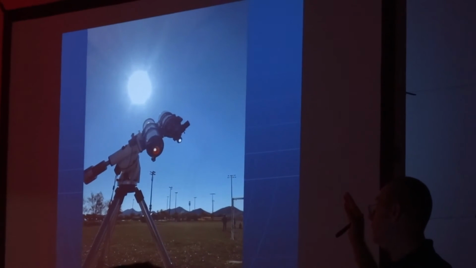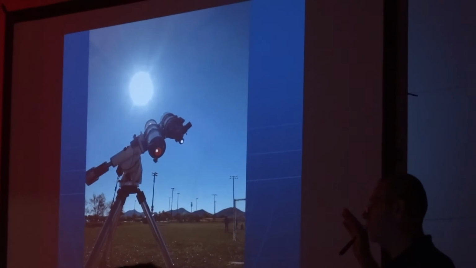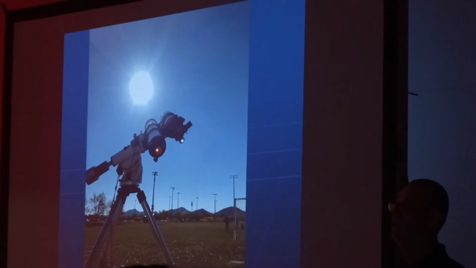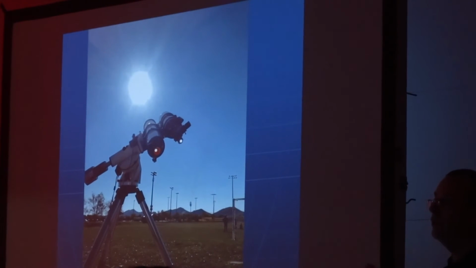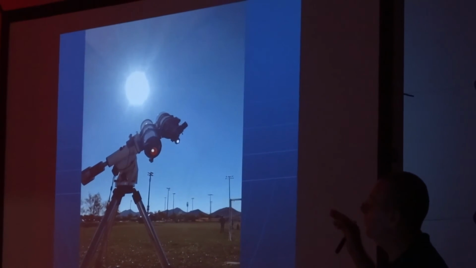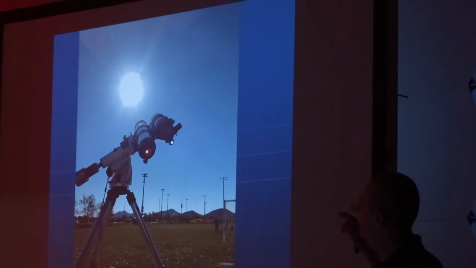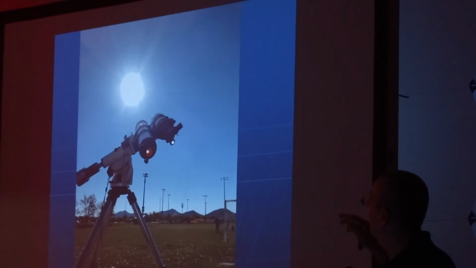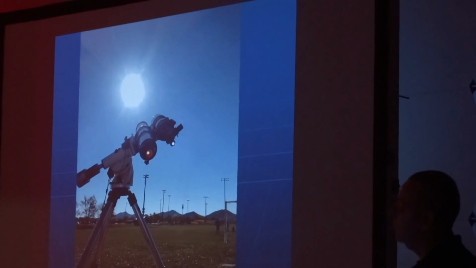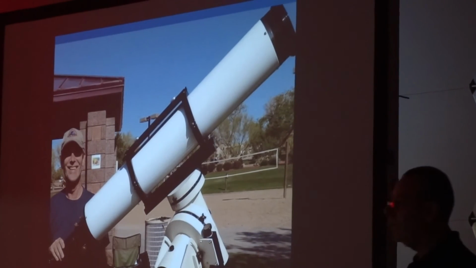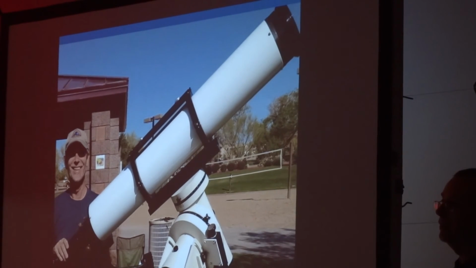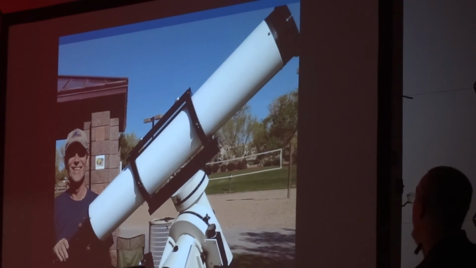I bought the 152, the LUNT, for a specific reason. It has a wider pass band than my Daystar, so I kind of wanted it as my go-to prominence telescope. And then I had the 0.5 angstrom pass band filter on the AP, and that was going to be my chromosphere one. But it got to the point where all my really good pictures ended up being with the AP. And they were both 6-inch scopes.